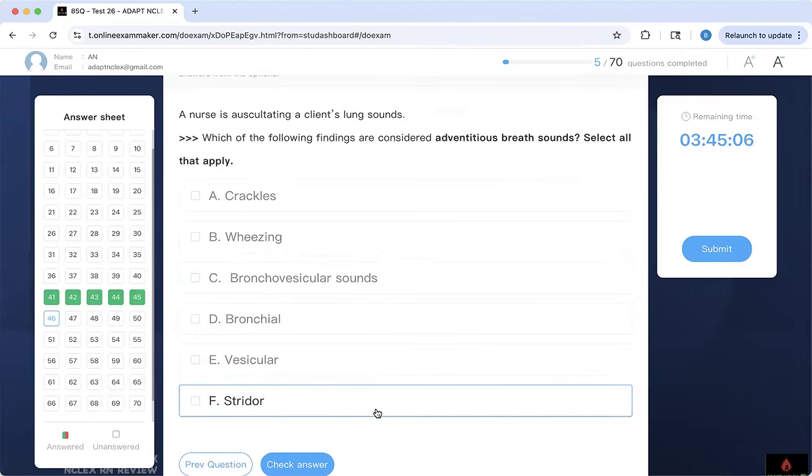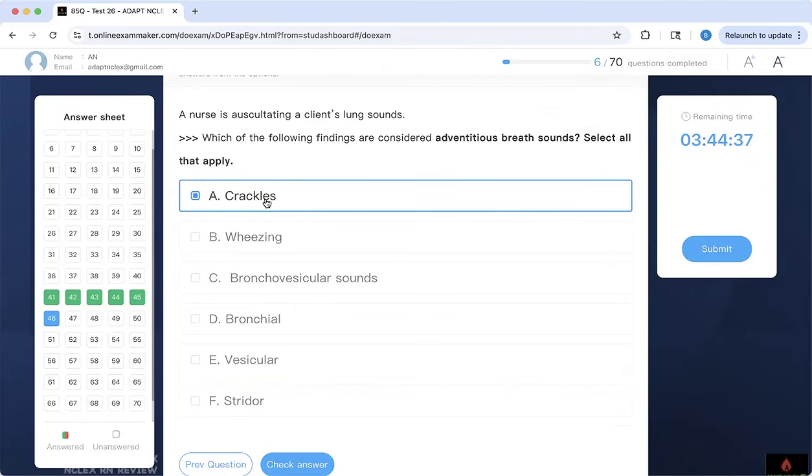Adventitious breath sounds. Which of these? I will tell you, learn one side. Adventitious breath sounds are what? They are abnormal breath sounds. That means not what you hear in a normal situation. That's all. If I don't hear it in a normal situation, I know crackles is not something you hear normally. Wheezing, when somebody is wheezing, something is bad.